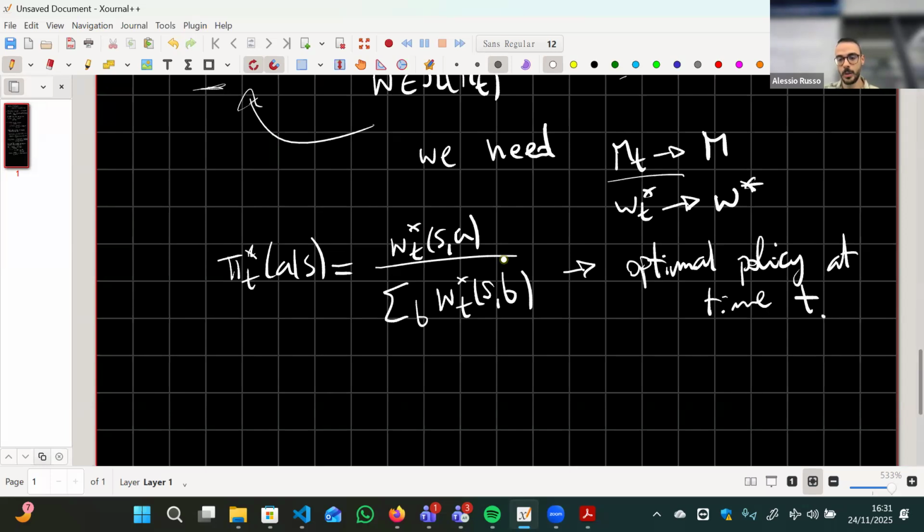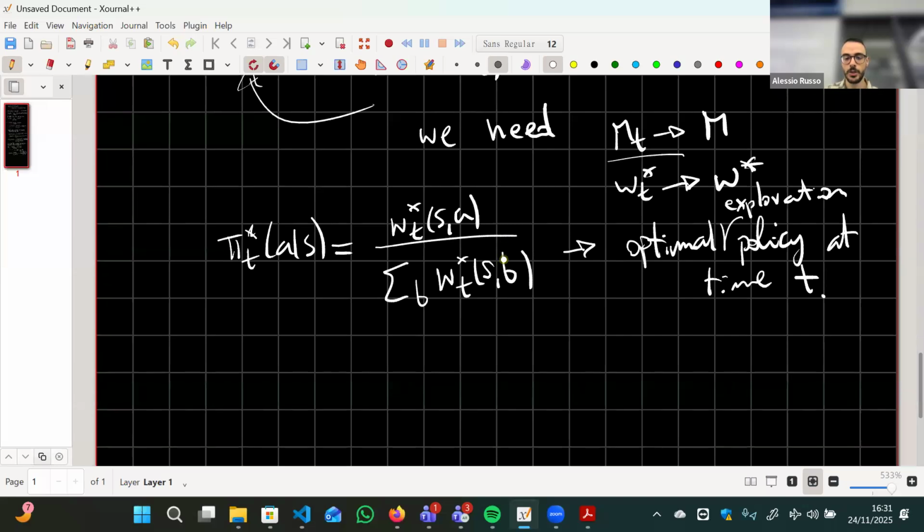So when I write optimal policy, I mean optimal exploration policy, not the optimal policy of the MDP, but just the optimal exploration policy induced by w_t star.